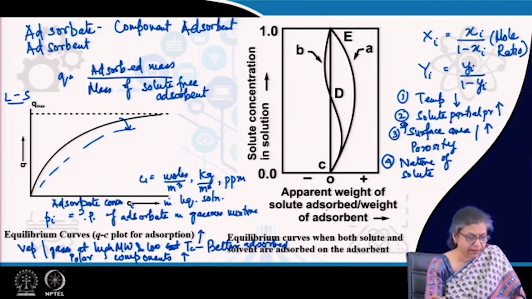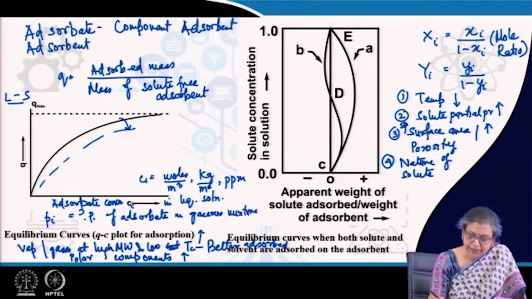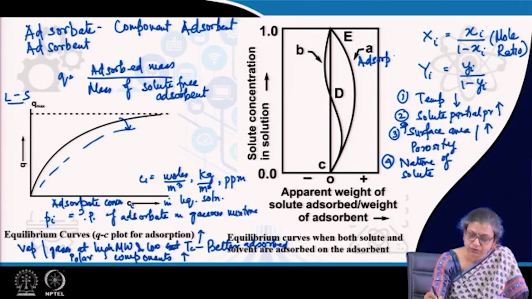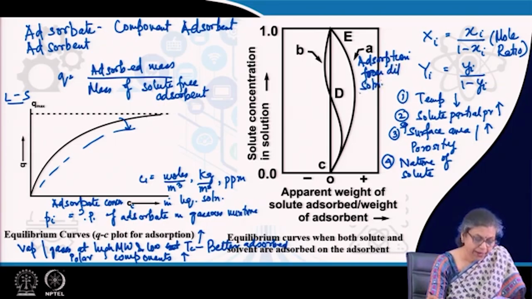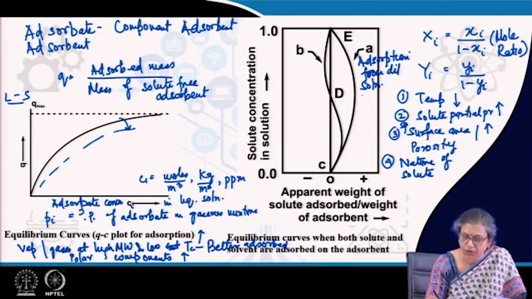Now, the curve which I have drawn in this case, curve A, denotes adsorption from a dilute solution where the solvent is negligibly adsorbed, or in other words there is negligible adsorption of the solvent, right. This is the curve which normally happens.